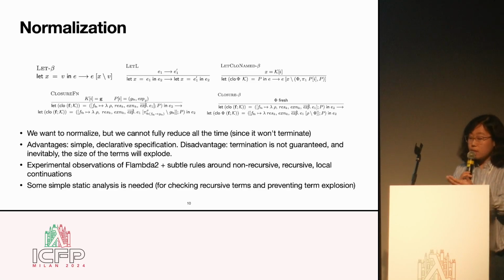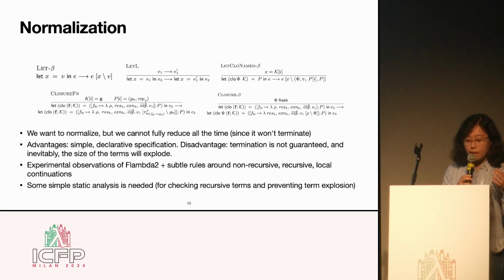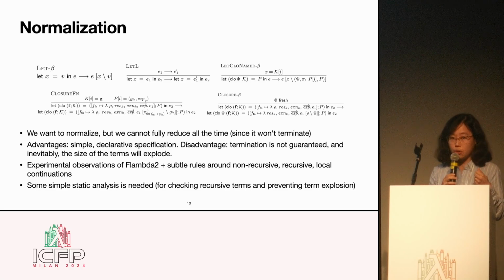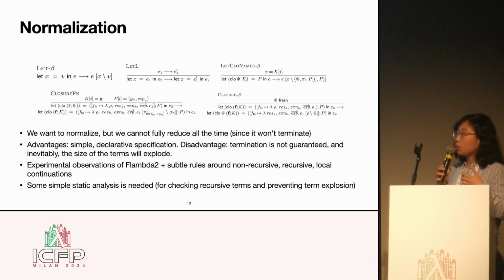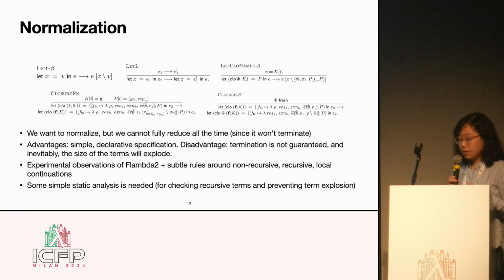So the set of operational semantics that we've defined comes through experimental observations on Flambda2, and there are rules around non-recursive, recursive, and local continuations so that we ensure certain normal forms for recursive closures, so that we can still do interesting optimizations such as argument elimination in case an argument for a recursive call happens to be invariant.